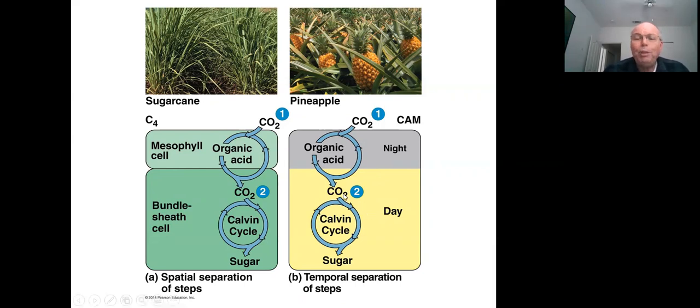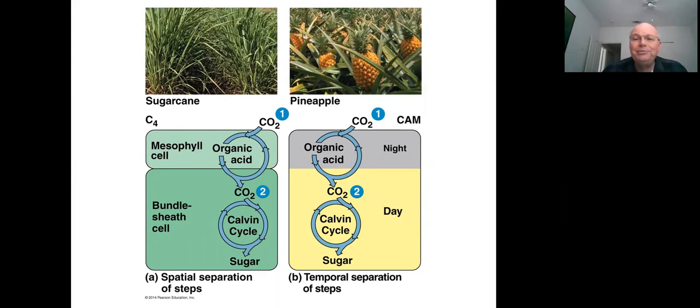The pyruvate that's released as a consequence of all of this is then converted to glucose, and that glucose is then stored as starch in the chloroplasts.